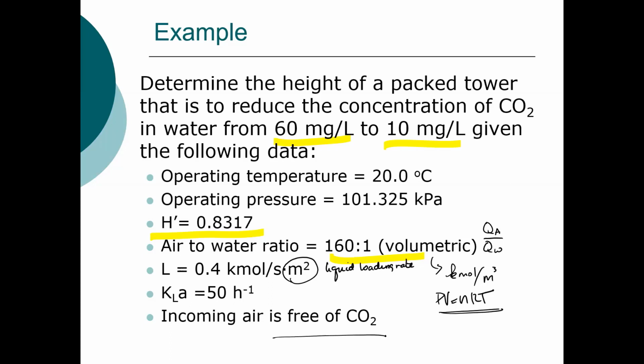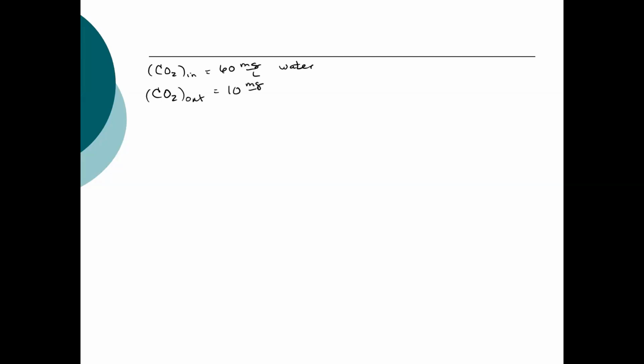And we're going to assume that the incoming air is free of CO2, or at least that CO2 concentration is negligible. We have CO2 in equals 60 milligrams per liter. This is in the water. We have CO2 out. That equals 10 milligrams per liter. Again, it's in the water. The dimensionless Henry's constant is given as 0.8317.